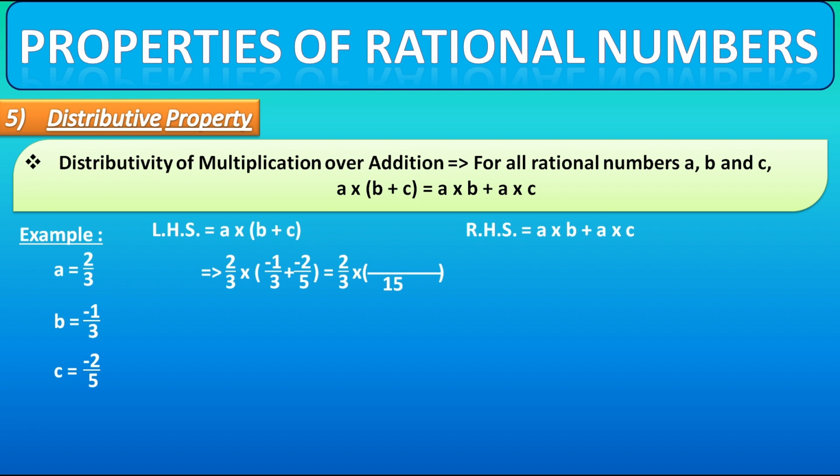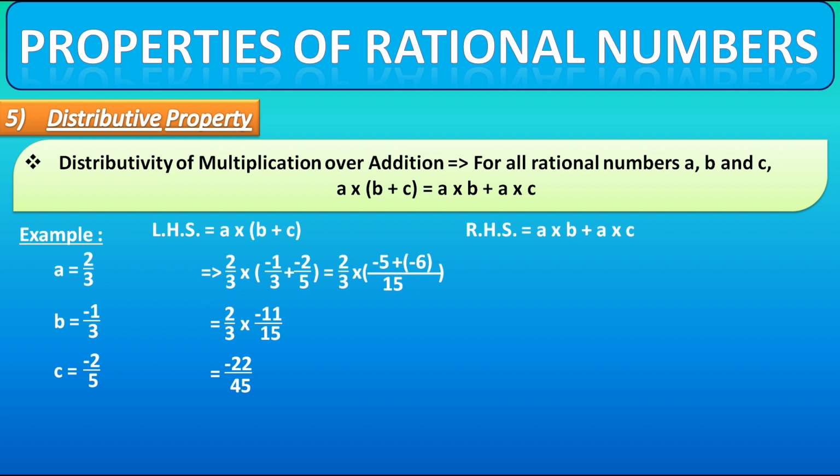So minus 1 fives are minus 5 and minus 2 threes are minus 6. So now minus 5 plus minus 6 will give you the answer as minus 11 upon 15, and then we have 2 upon 3 outside. Okay, so now we have to multiply 2 into minus 11, which is equal to minus 22, and 3 fifteens are 45. This is the answer of LHS.